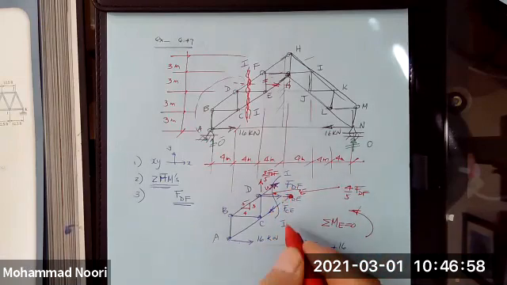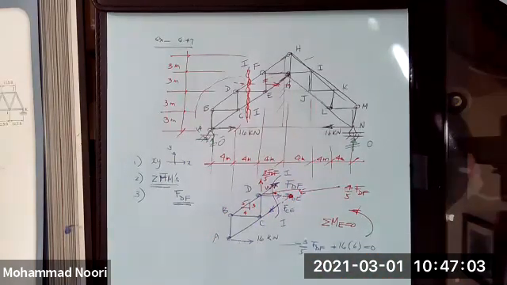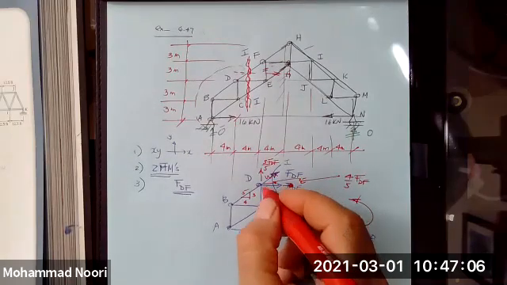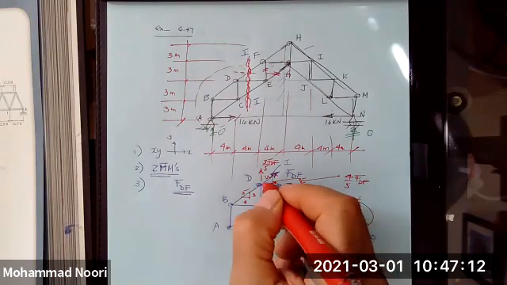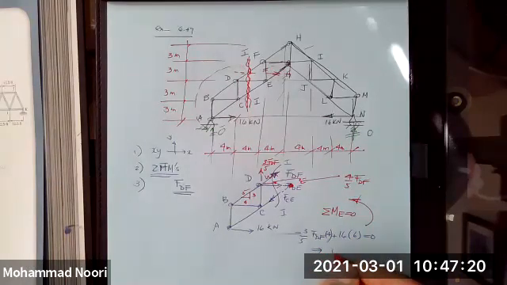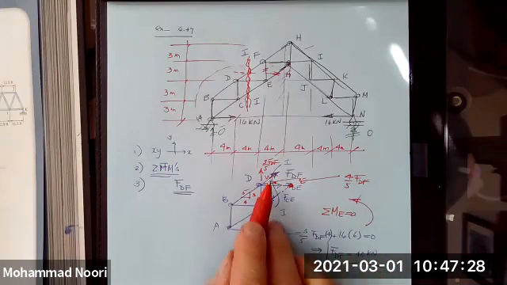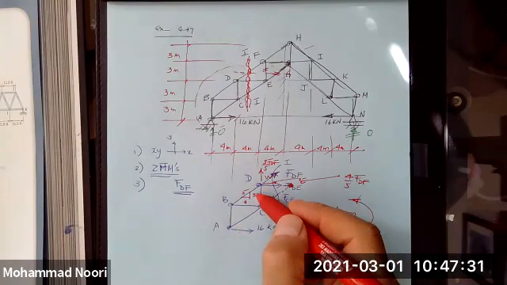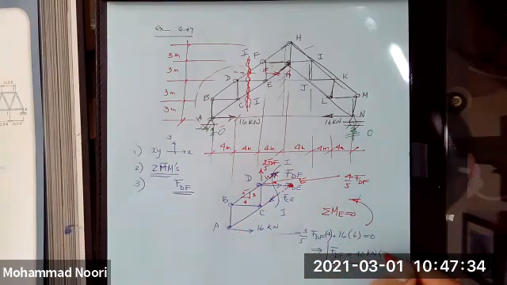What is this distance? It is given as 6, equal to 0. Or 3/5 times this distance, which was 4, plus this times that distance. If you solve for this, you find F_DF comes out to be positive 40 kilonewton. So the assumed direction is right. Force moving away from the joint, that means this is in tension. Any questions?